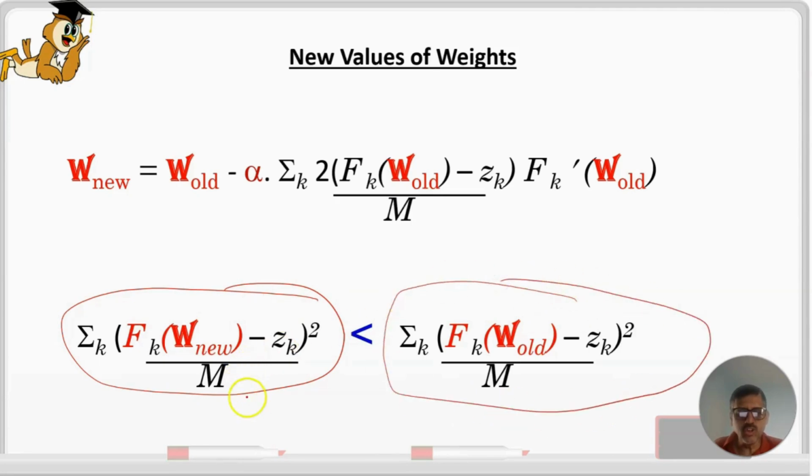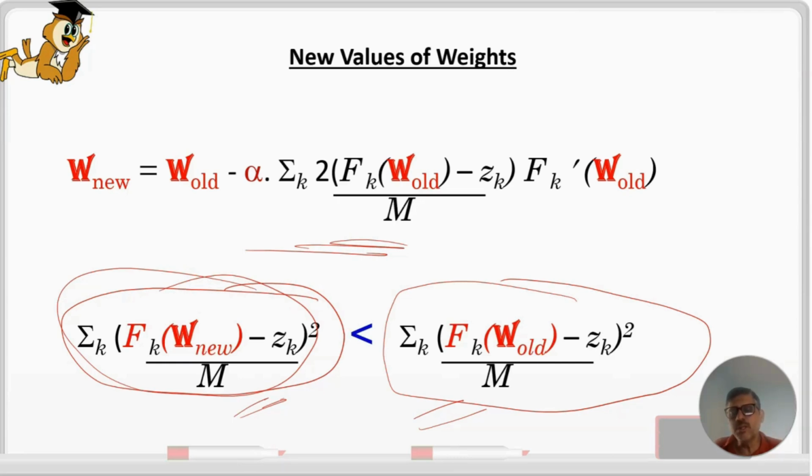This is your mean square error for W new. This is your mean square error for W old. If you moved from W old to W new using this sort of a gradient based approach, your new mean square error is going to be less than your older mean square error. And you keep doing this. You keep repeating this. Once you move to W new, your W new is going to become W old. You are going to calculate the gradient for that point, move to an even newer point, and so on and so on.